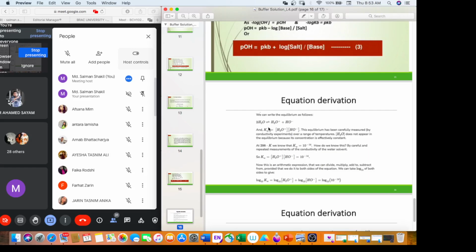Okay, clear? Because why we exclude it? Because its concentration remains almost the same. So that's why we don't take this into account. Clear? Is it clear now?